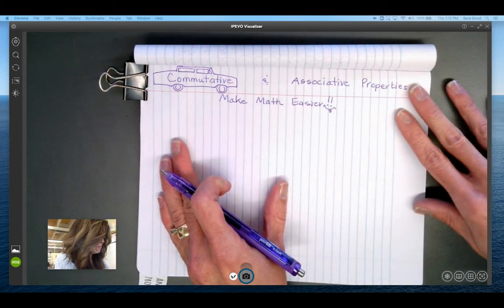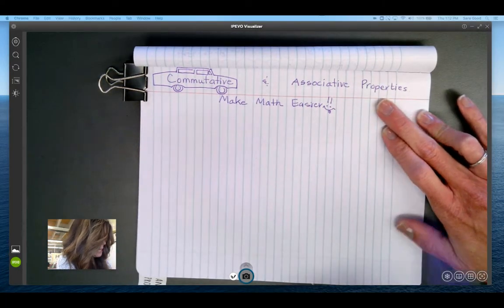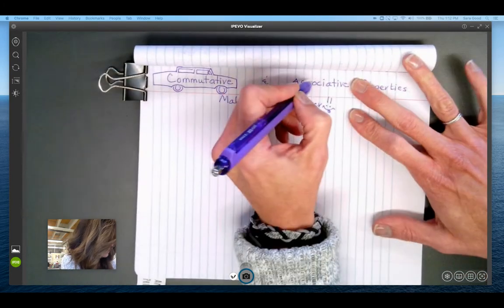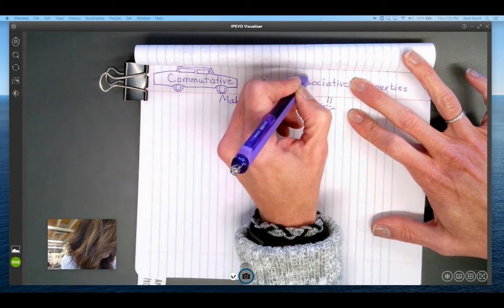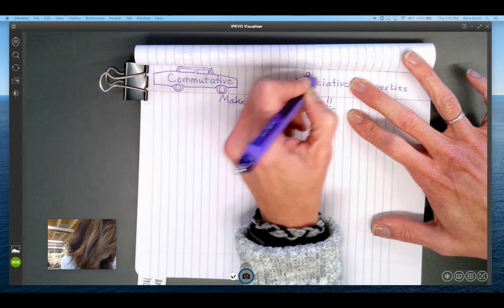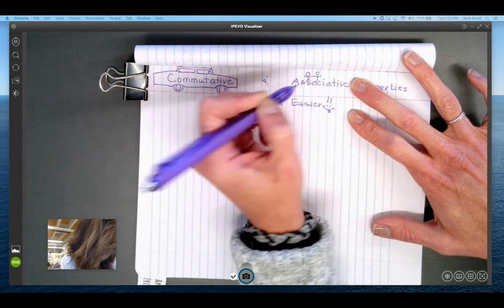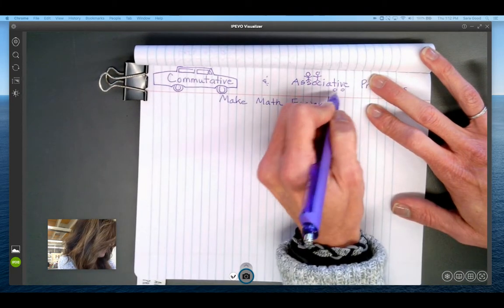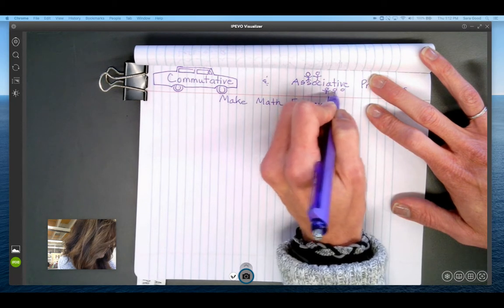And then on this one, I'm going to write stick figures holding hands, something like that. Associative. Maybe I'll put 3 stick figures here, holding hands.